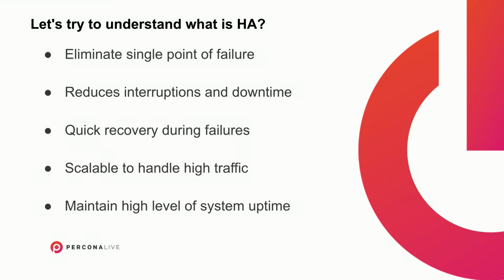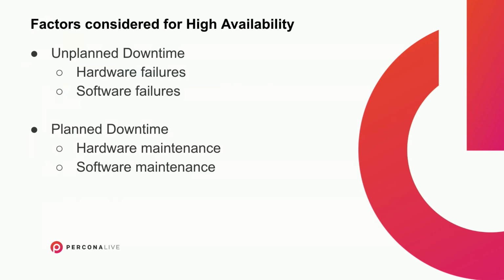It also needs quick recovery during failures. It should be able to recover by itself, and scale to high traffic. If the traffic is high, it should be able to scale by itself.